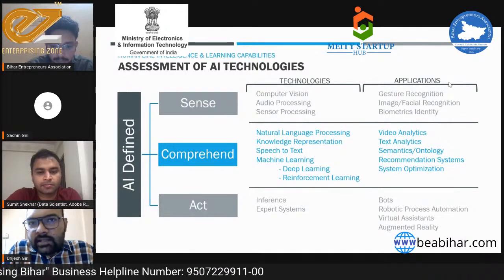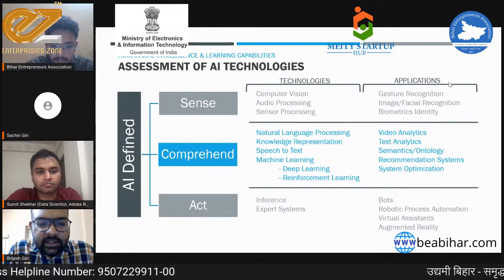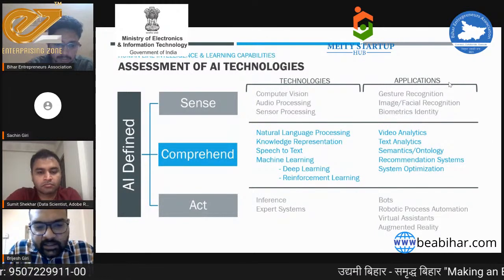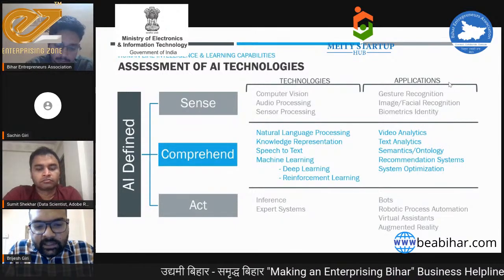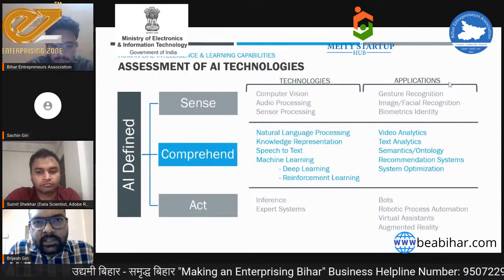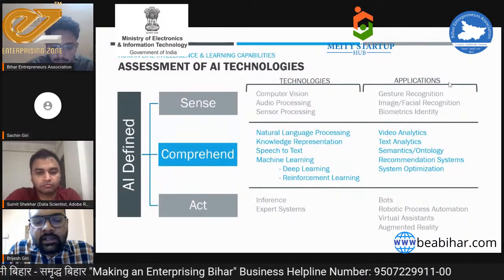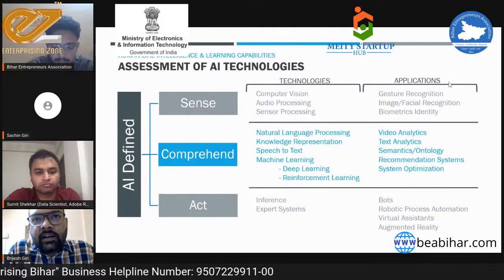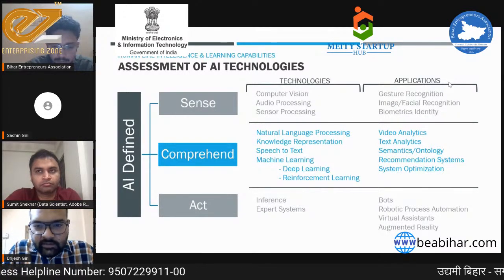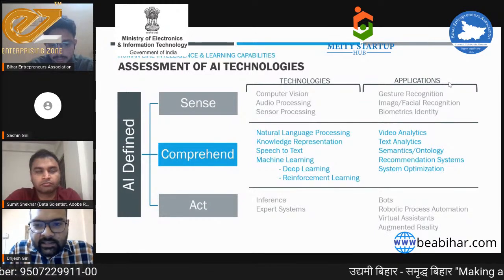The last branch of AI is to act, right? So to make inferences from the data, to build expert systems, to enable machines to have autonomous diagnosis of itself and error correction.